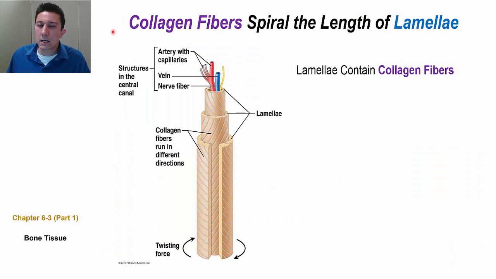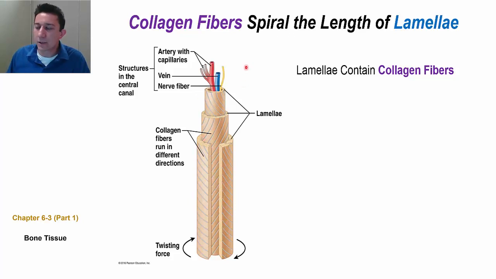The lamellae are not just pillars of bone; they also have connective tissue fibers wound or spiraling within them. Unsurprisingly, this particular fiber type is collagen. Collagen, as I mentioned a few times, is one of the most abundant proteins in the human body, so it's not too surprising that it's found here.